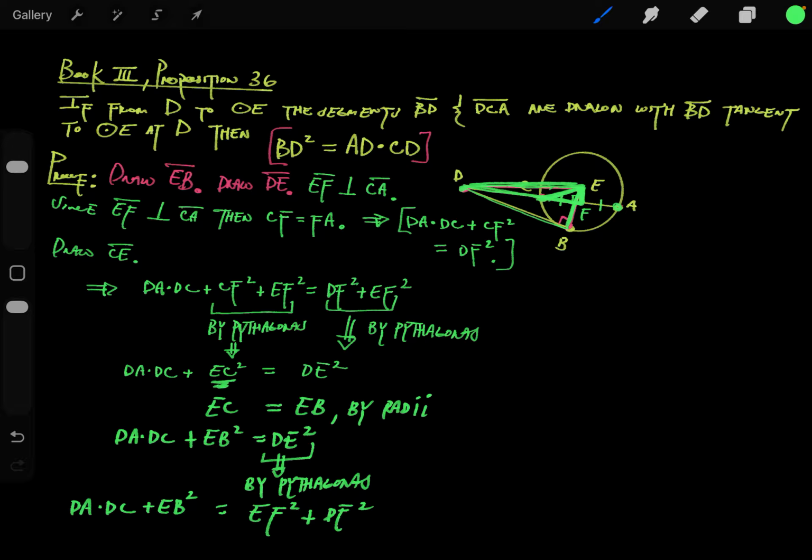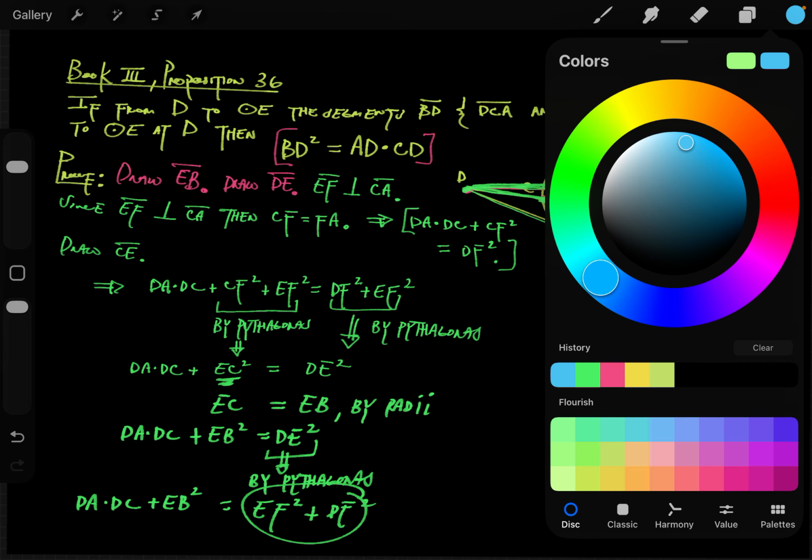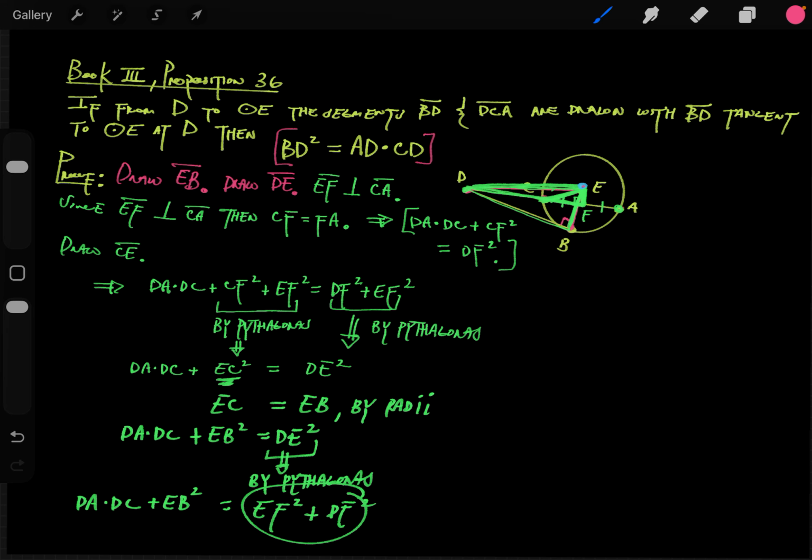But that's not the one I wanted. Okay, this is good. DE squared is equal to this, but it's not the one I want. Let's look at DE again. Let's change our color and let's just slow down. This is DE, and we have this line as EB and then this line as EF.